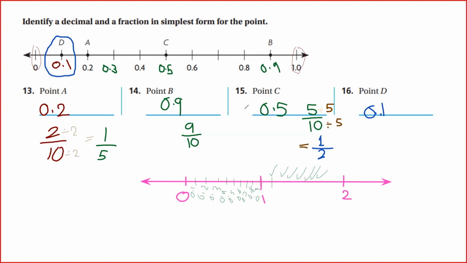What is the number after the decimal point? 1. How many digits after the decimal point? 1. So how many zeros will you add? One. It will be 10. So 0.1 is 1 over 10.